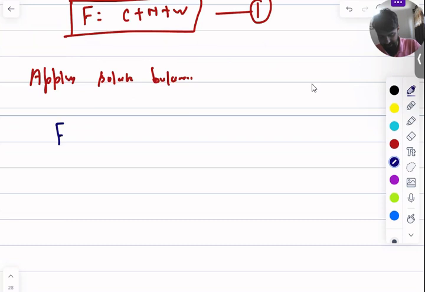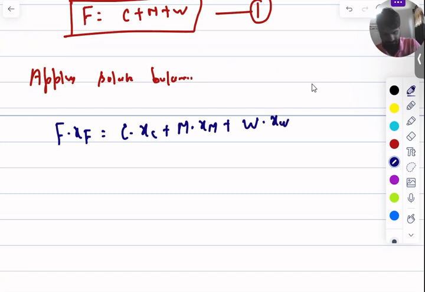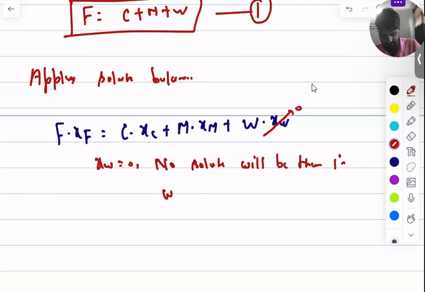So F into XF is equal to C into XC plus M into XM plus W into XW. XW, the amount of solute in the water, will be 0, because no solute will be there in the water or vapor.